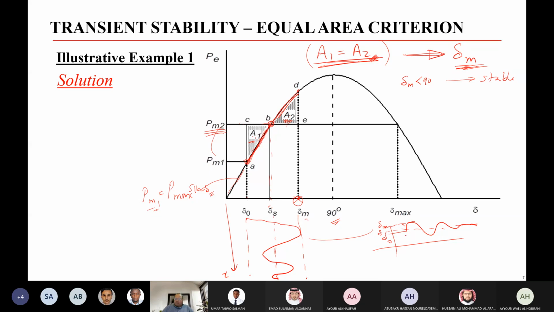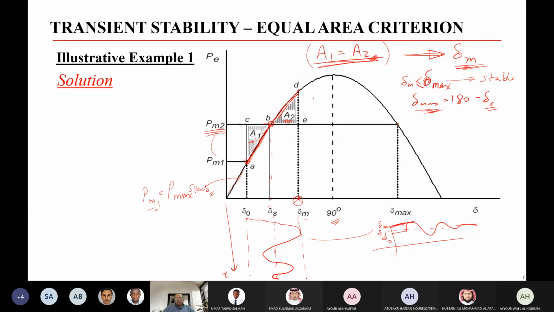You can have this angle higher than 90, but it shouldn't exceed delta max. Saying that delta is 90 is wrong. Delta max is 180 minus delta S. Delta S is known, so delta max is known.